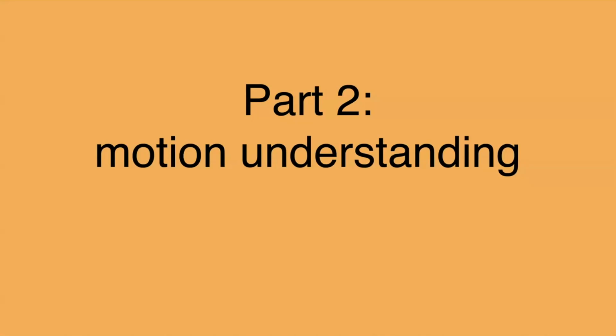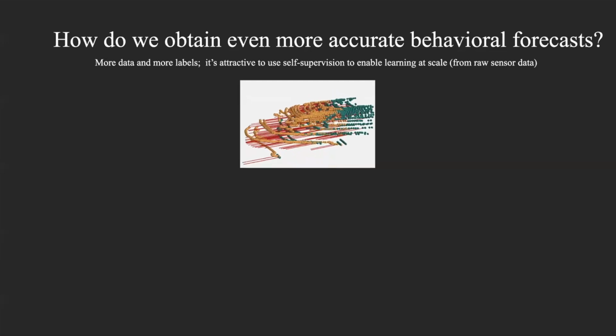The second section is, if we zoom back out, in the world of building simulators for helping to address the self-driving problem, while there's enormous work on building better sensor simulators, I think we'll need to address this problem of how do we build better behavioral models. And what this is really about is understanding motion.